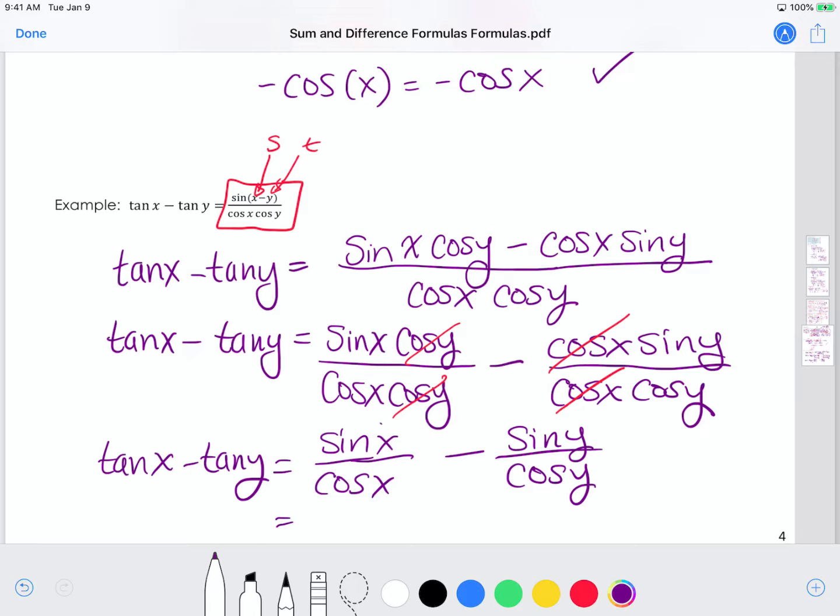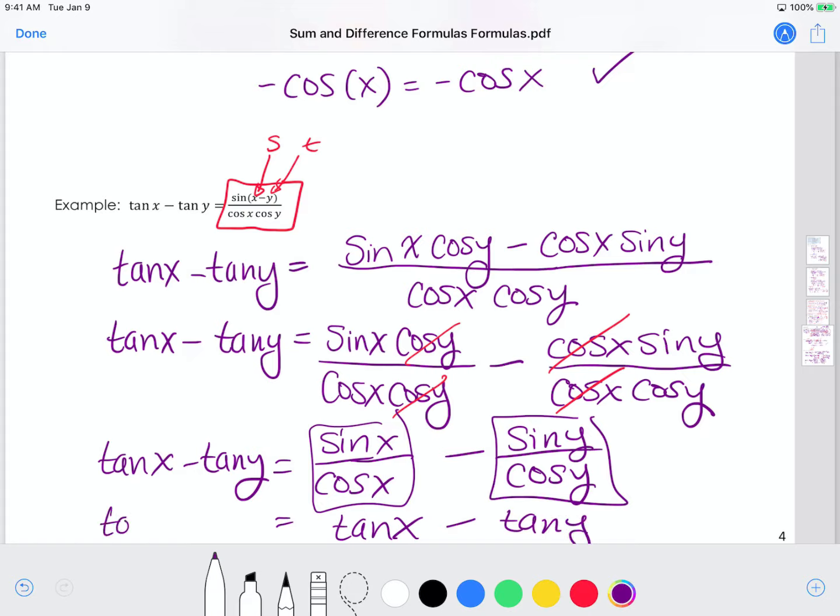And when we have sine over cosine, that's tangent. Again, we have sine over cosine, so this is tangent. And we just showed that tangent x minus tangent y is equivalent to sine of x minus y over cosine x cosine y using the sum and difference formulas.